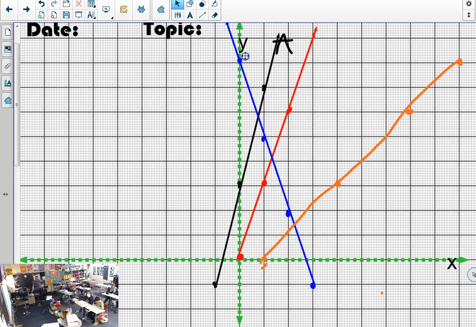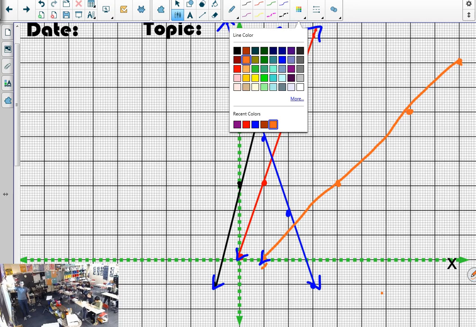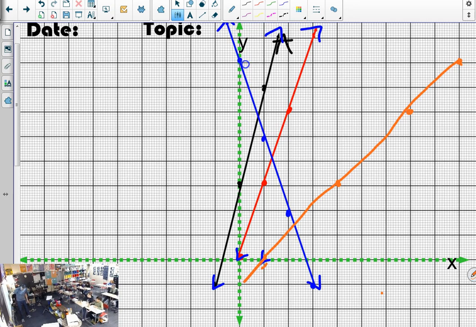On each of these lines, what I need to make sure we're aware of, there are actually arrows on all of them, because the behavior continues both directions. So if Rachel wanted to draw the rest of her line, it keeps doing the same thing. And here is where that y-intercept happens, at -1.